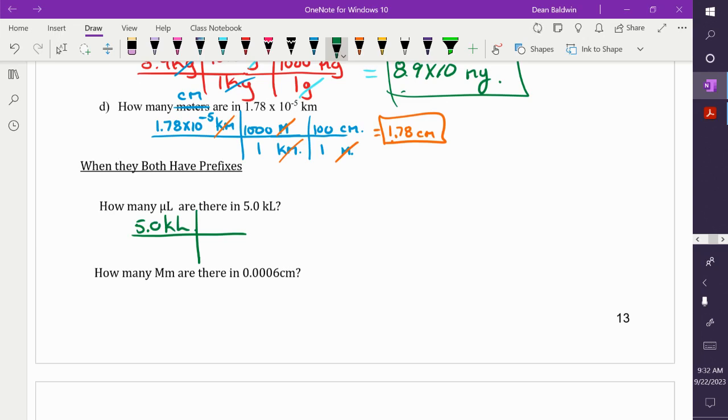So if I have a kiloliter, how many liters do I have? 1,000. All right. So I want the kiloliters to cancel. So you want kiloliters in the denominator, and because it's kilo, it's 1,000 liters. So kiloliters cancels out. I'm trying to get liters to microliters. So that is a conversion factor.